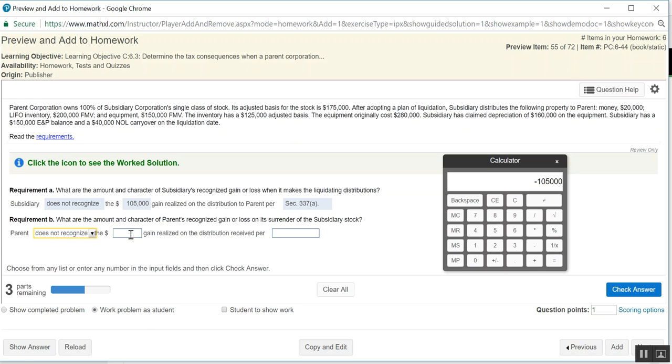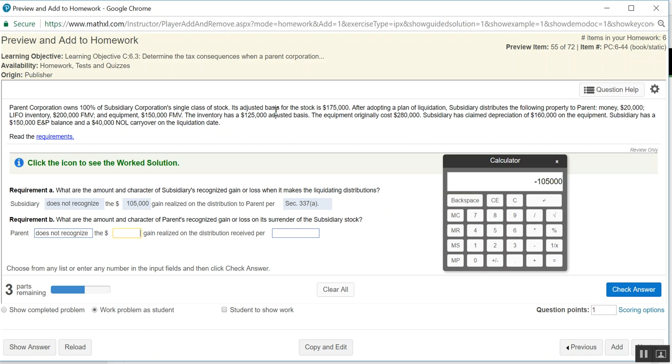So now we're going to look at the parent, and we know that under 332, the parent does not recognize its realized gain either. And what is its realized gain? Well, it's giving up stock. It's deemed to have sold its stock in S in exchange for the fair market value of all of the property it receives from S. That is 200,000 of inventory plus 150,000 of equipment plus money of 20,000.